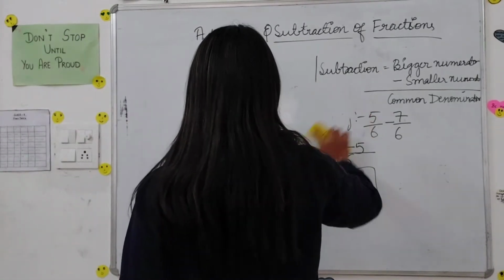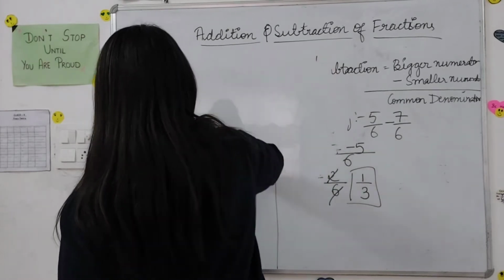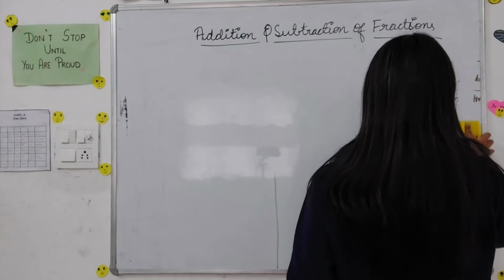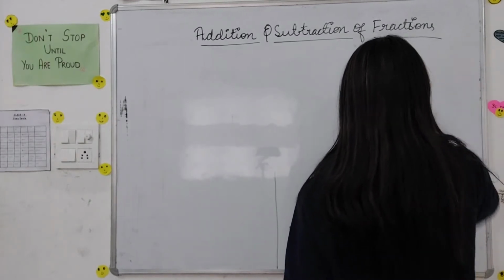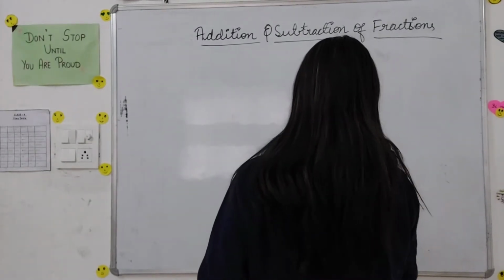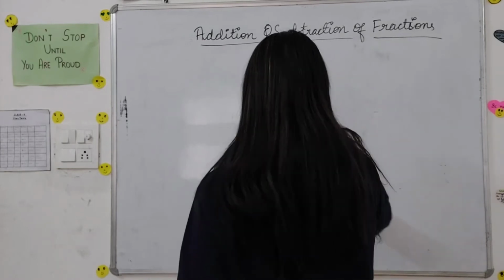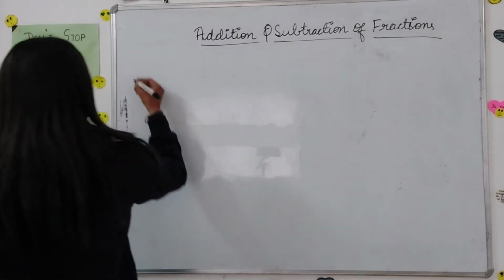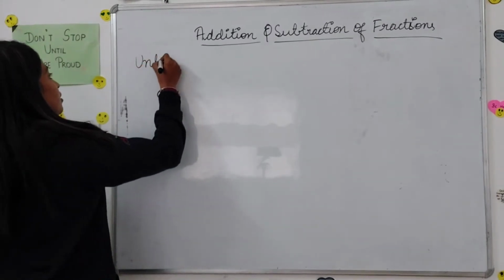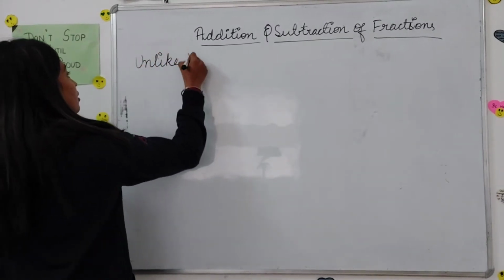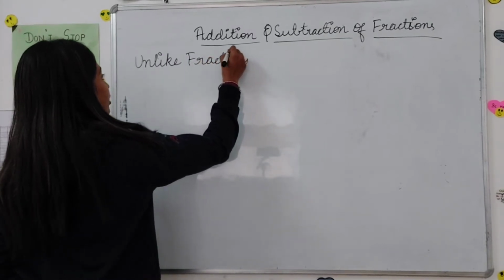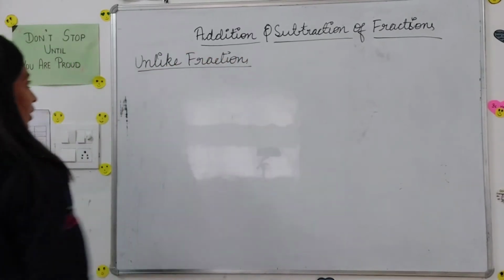So first of all, we will convert them into unlike fractions. Addition and subtraction of unlike fractions.